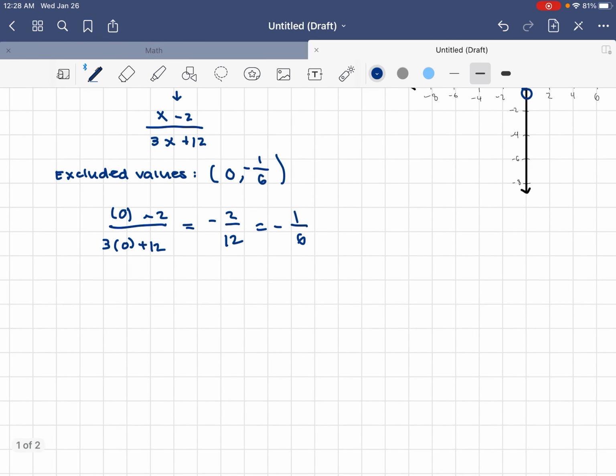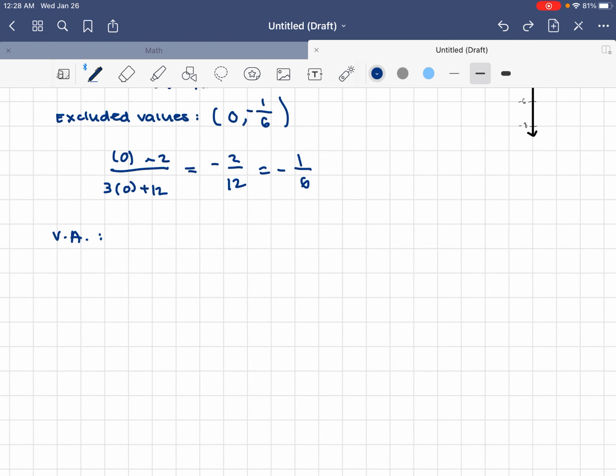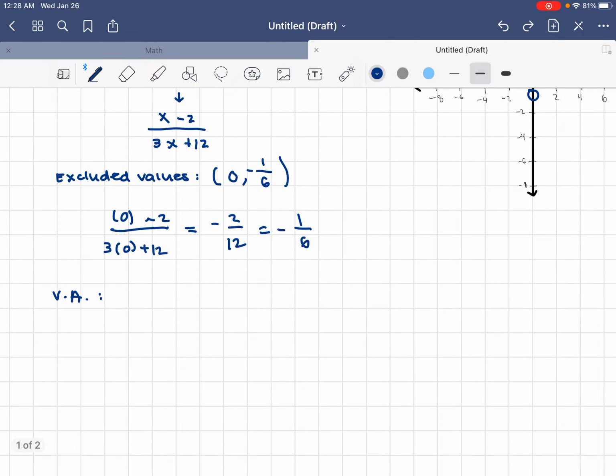Okay, now the next thing, let's find our vertical asymptote. So our vertical asymptote is going to be vertical. So in order to find that, we're going to take this bottom part of our function and we're going to solve for that. So when we do that, 3x plus 12 equals 0.